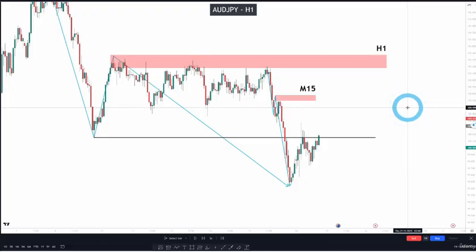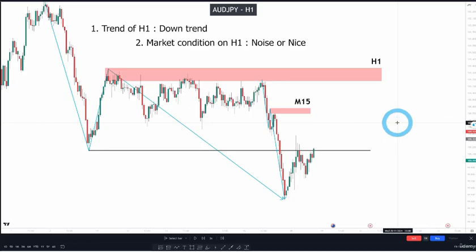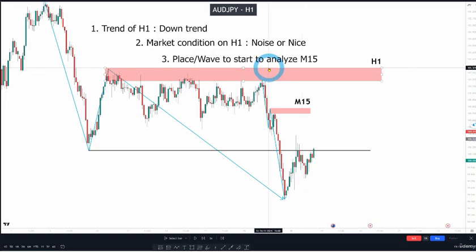On the 1 hour time frame, we just need to keep out the first one, which is the change of the 1 hour time frame. That is a Dow change, right? And then we give out the condition, the market condition on the 1 hour time frame. The market is still good, right? That is okay, and then we give out the place we will focus to analyze on the 50 minutes time frame.